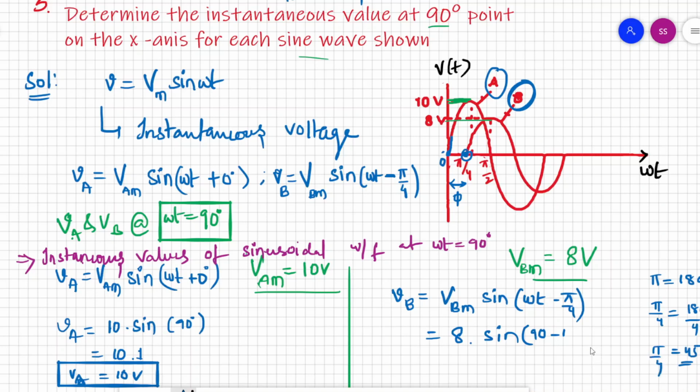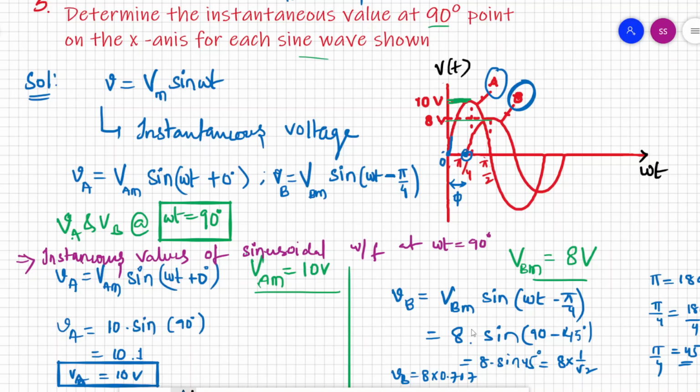Okay, now I am substituting 45 degrees here. That will be 8 sine 45 degrees. What is sine 45 here? That is 1 by root 2. Okay, so we can find VB, which is equal to 8 into 1 by root 2, that is 0.707, and its value is given as VB, value of second waveform at a 90 degrees instance.